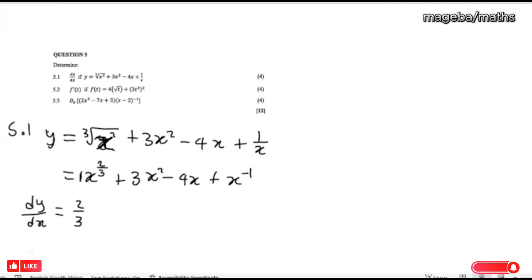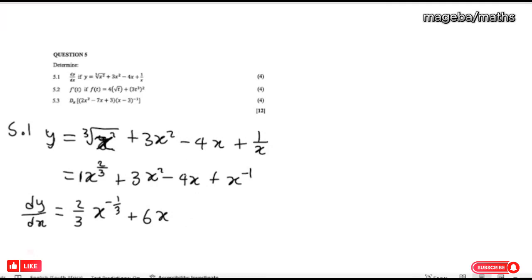Now 2 over 3 minus 1 is going to give us x to the negative 1 over 3, which is an exponent. Now plus, then this times this is going to give us positive 6, and then x, this 2 minus 1 is going to give us x. So it's going to stay like that.